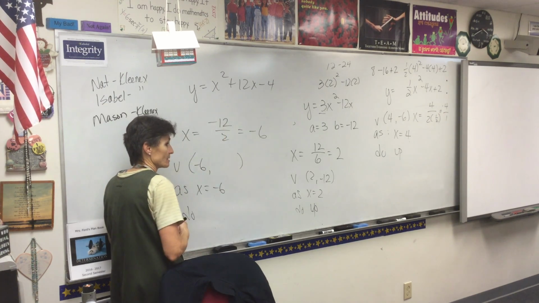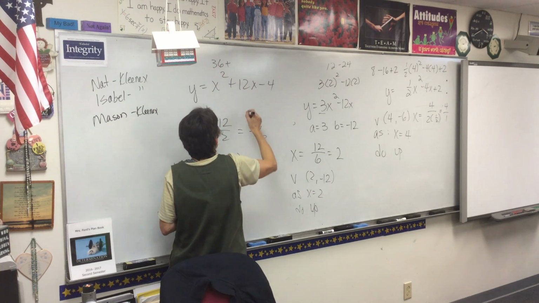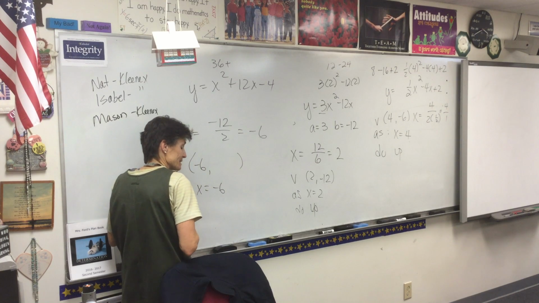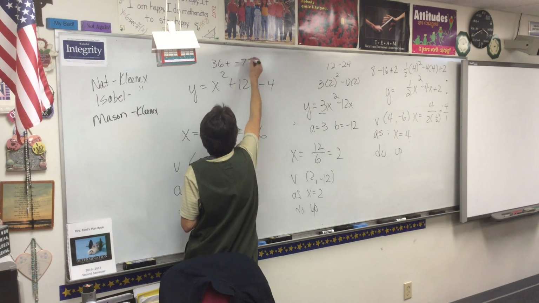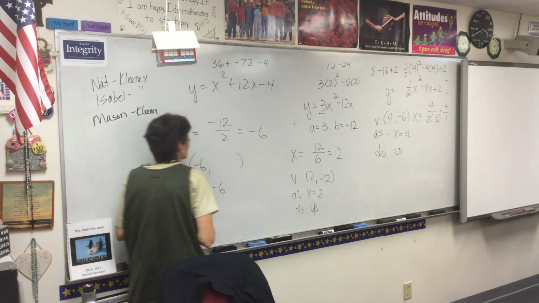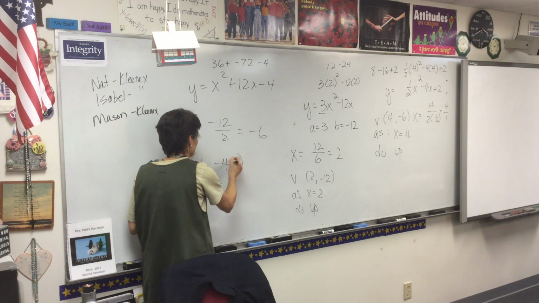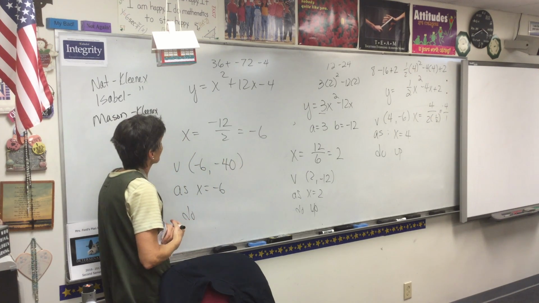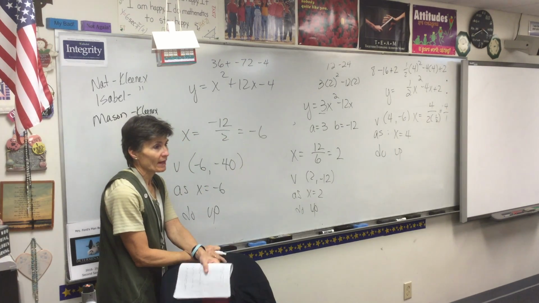What's negative 6 squared? 36. What's 12 times negative 6? Negative 72. Oh, negative 36 minus 72 gives negative 40 here. And it opens up. Anybody have a question about that kind of problem?